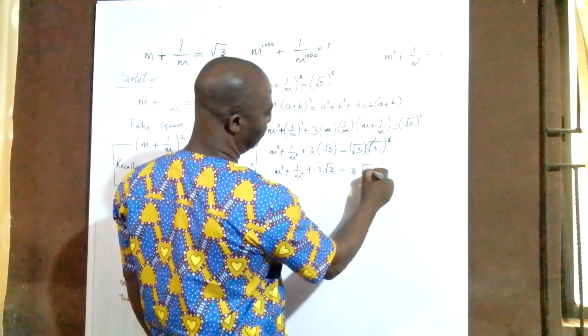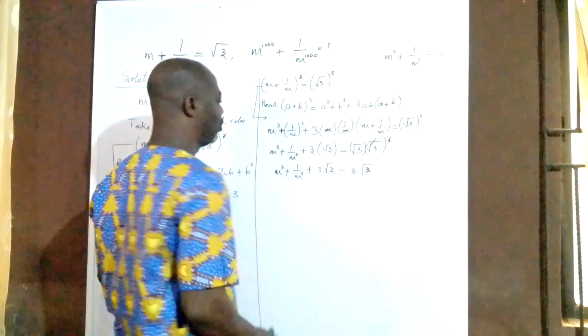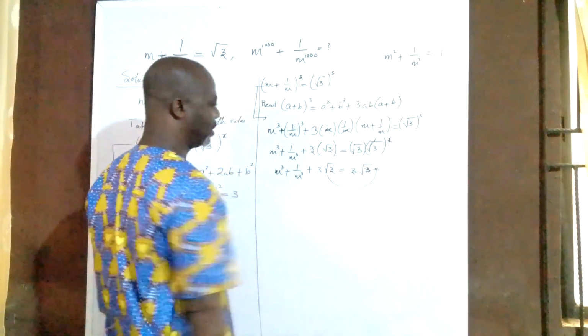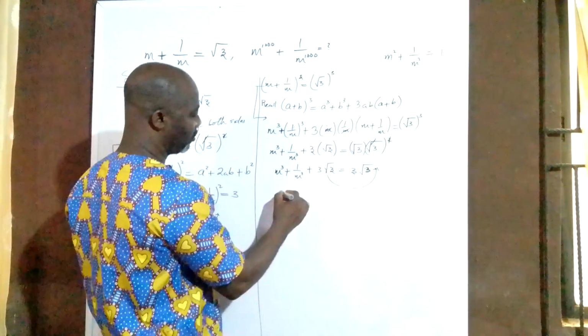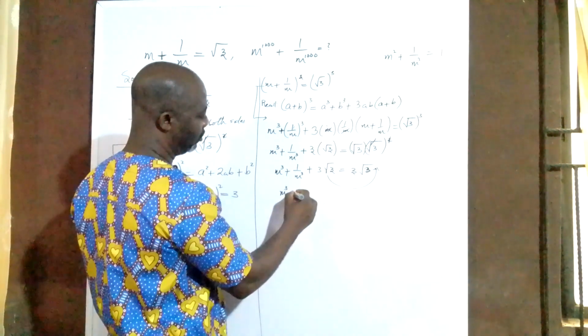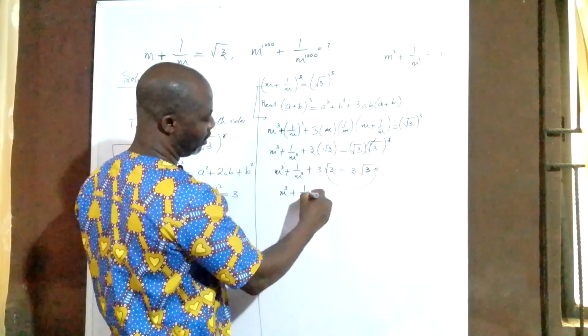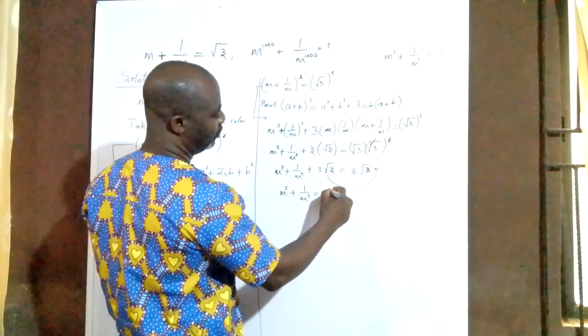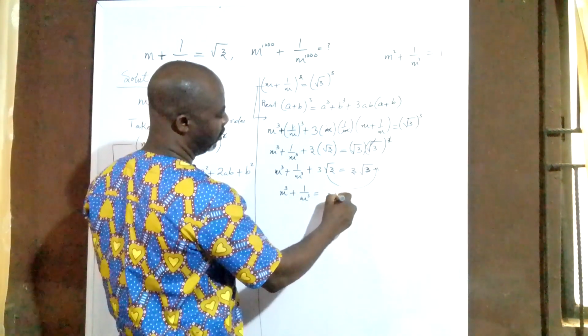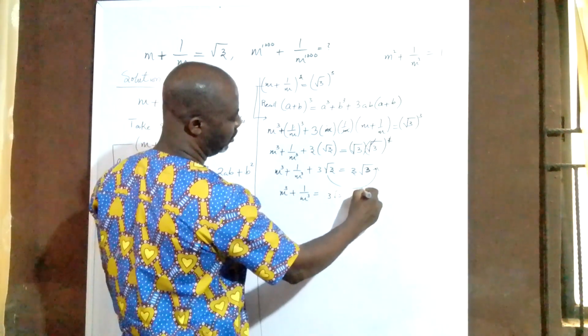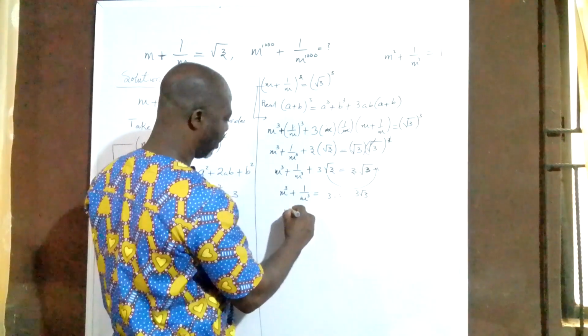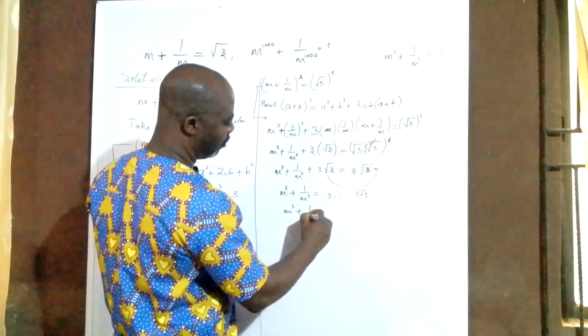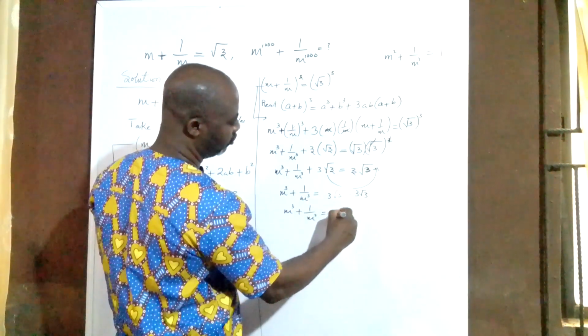So I can take this to the right hand side. So I get m cubed plus 1 over m cubed equal to 3 root 3 minus 3 root 3. So I have m cubed plus 1 over m cubed equal to 0.